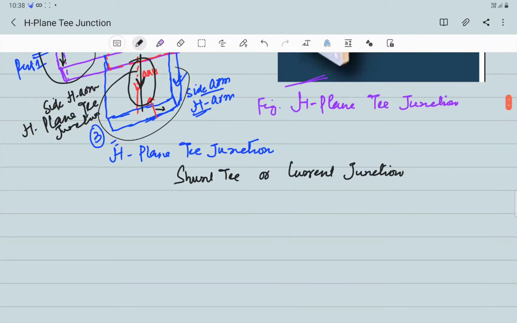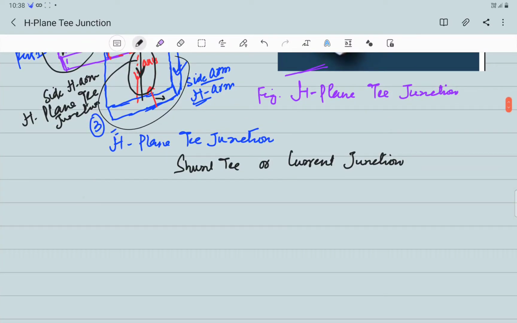Now the properties of this H plane T can be completely understood by its S matrix or scattering matrix.